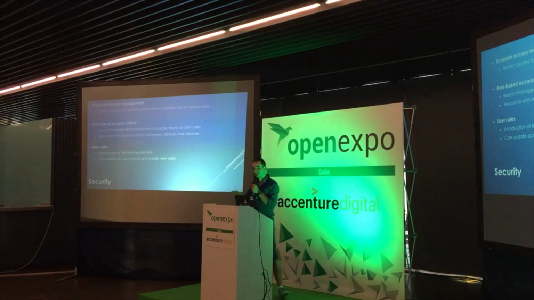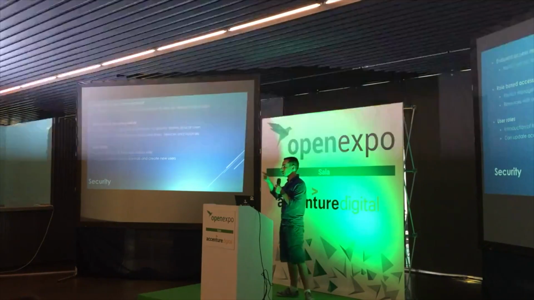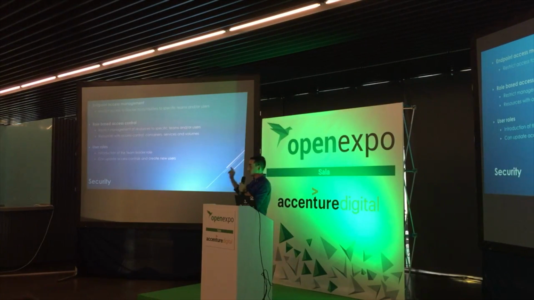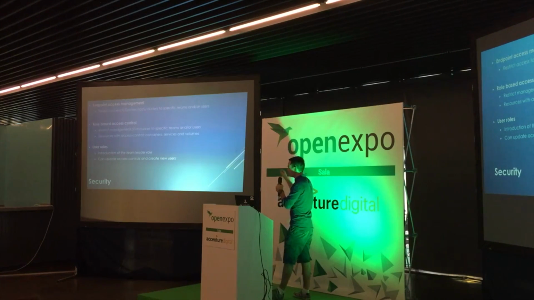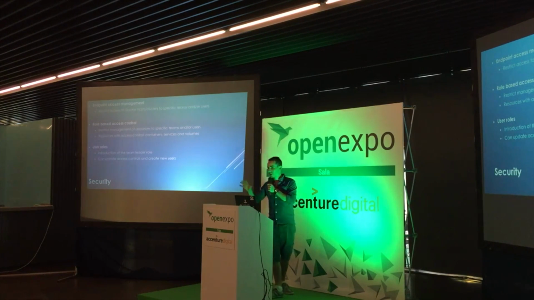Now what we want to do here is to be able to say, okay, I've got 3 teams. For example, I've got 2 development teams and 1 production team. I want my 2 development teams to access those development environments, but these only. I don't want them to be able to access my production environment, my production cluster, or whatever. So we need to be able to restrict the access to our endpoints based on teams or users.